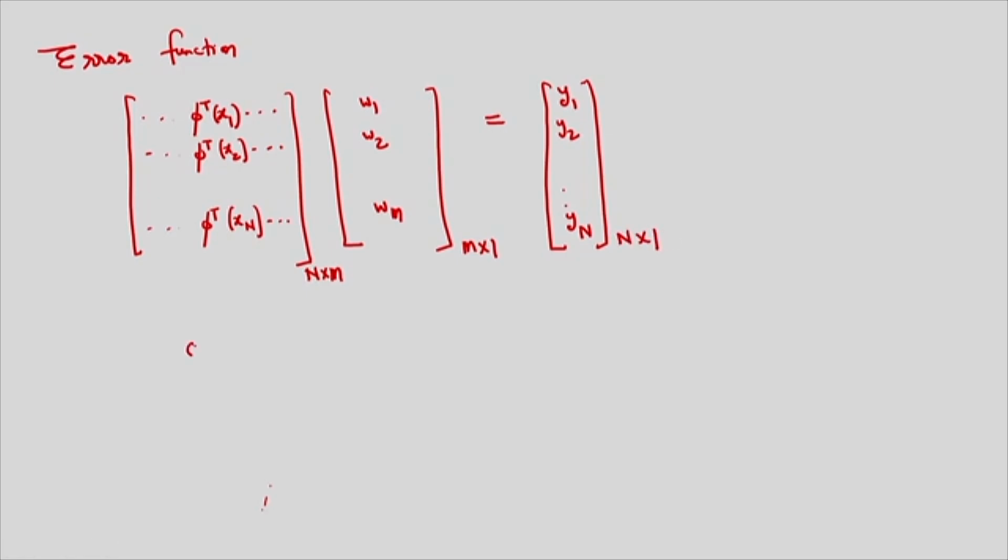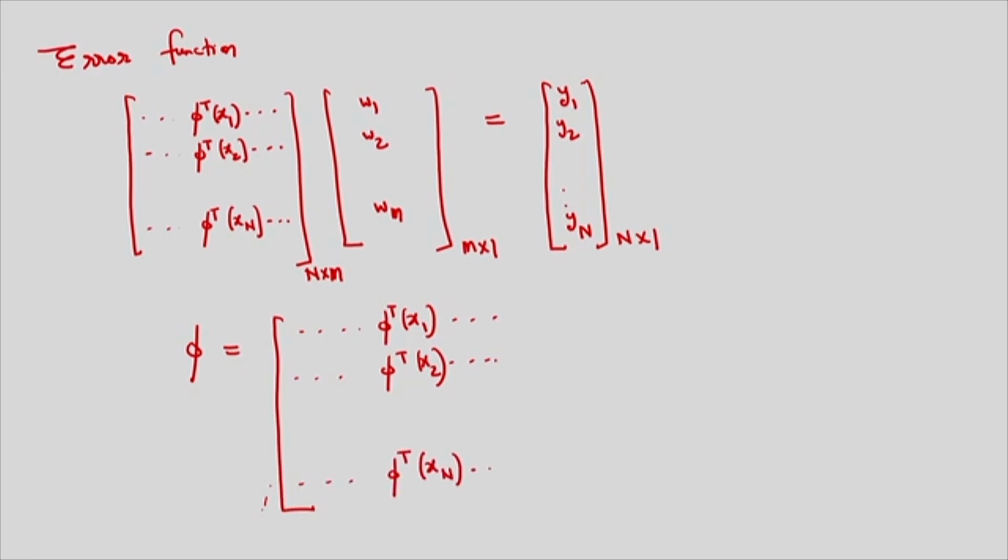So this phi, I can write like this: phi is equal to phi transpose x1, phi transpose x2, up to phi transpose xn, that is represented by this matrix phi.